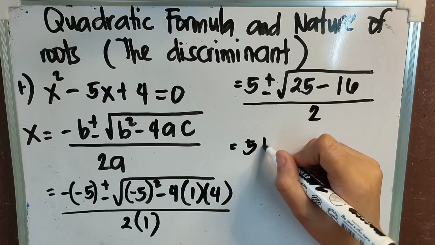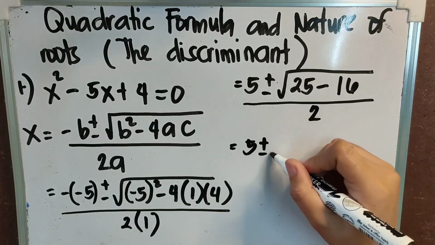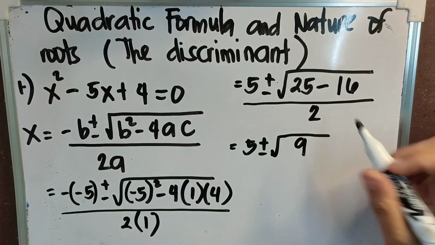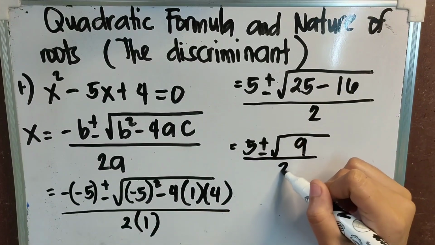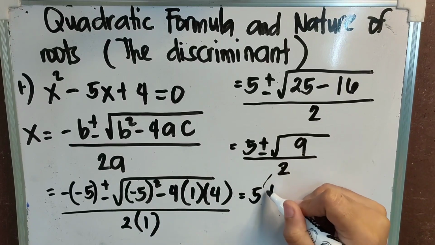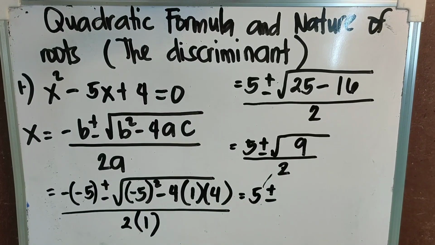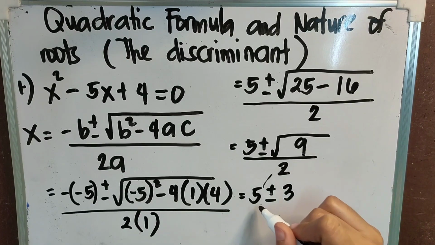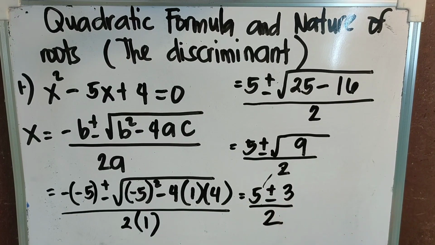So 5 plus minus square root of 25 minus 16, the answer is 9 over 2. Okay, 5 plus minus square root of 9 is 3. That's why we have plus minus 3 over 2.